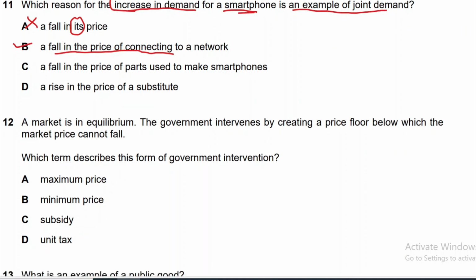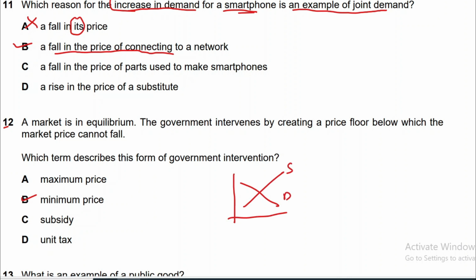Question number 12 is, a market is in equilibrium. The government intervenes by creating a price floor below which the market price cannot fall. Which term describes this form of government intervention? So this is minimum price. Minimum price is the price below which the market price cannot fall. If we draw its graph, it looks like this.